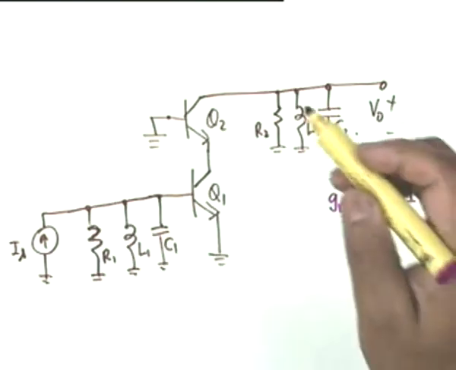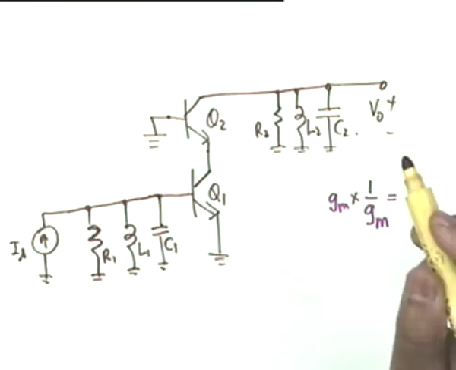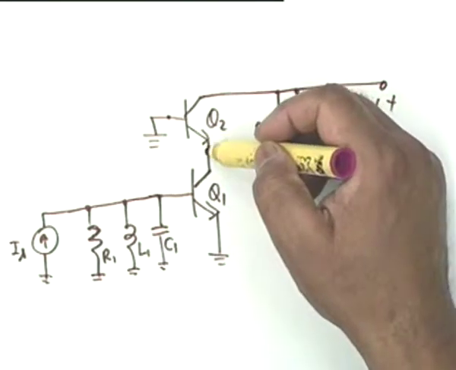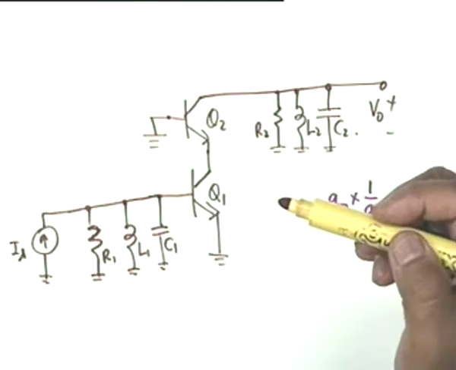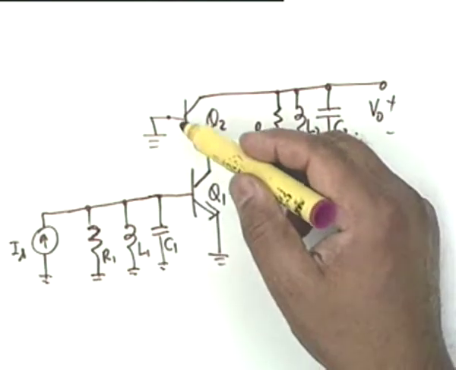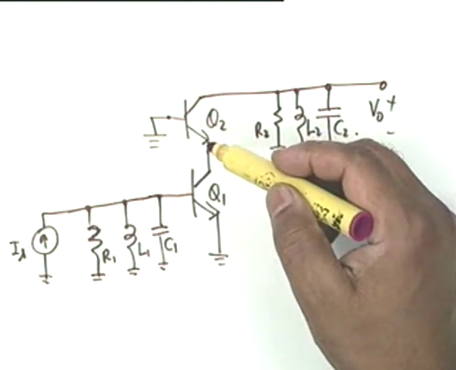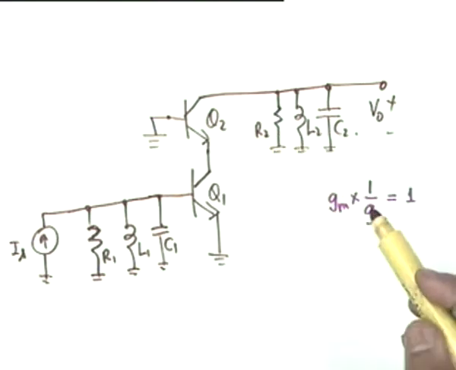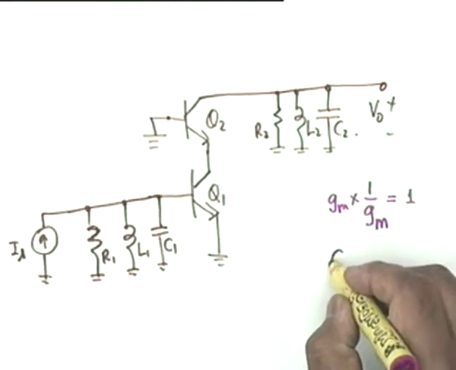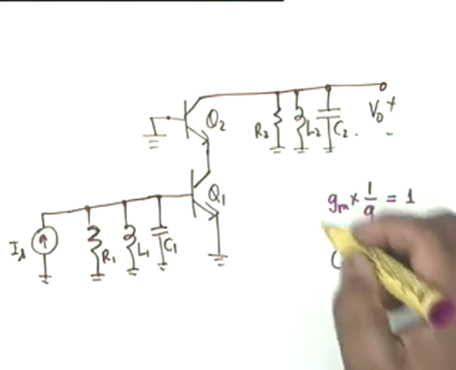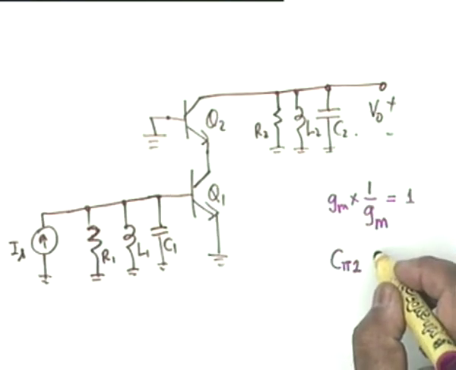Okay. Now the question that may arise here is that the impedance between these 2 points is not just a resistance. There is a C pi 2 of Q2. But what does C pi 2 come as? C pi 2 comes as the load, it comes as C pi 2 multiplied by beta plus 1.